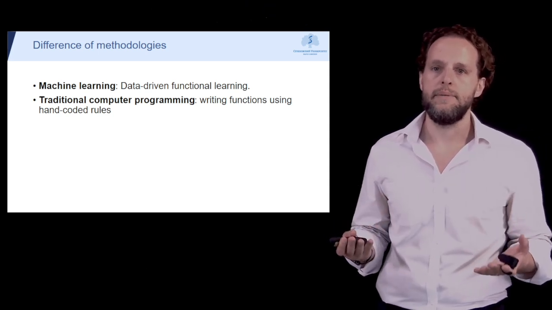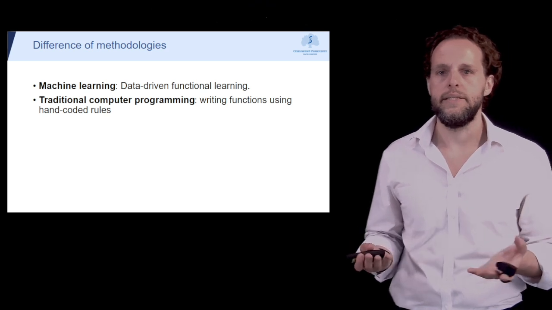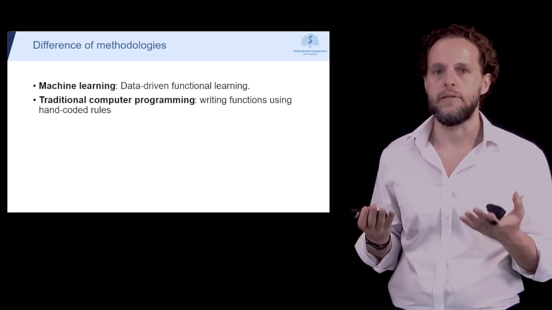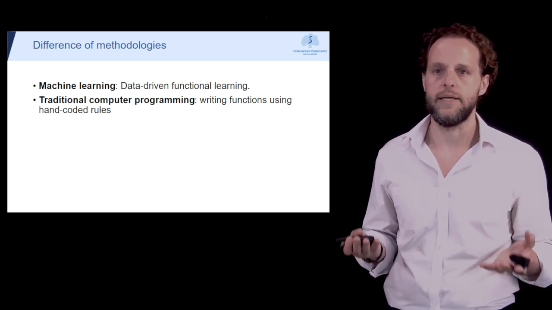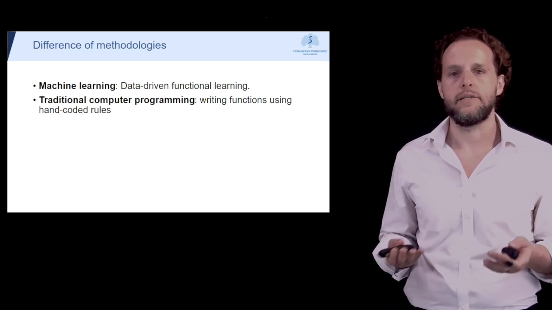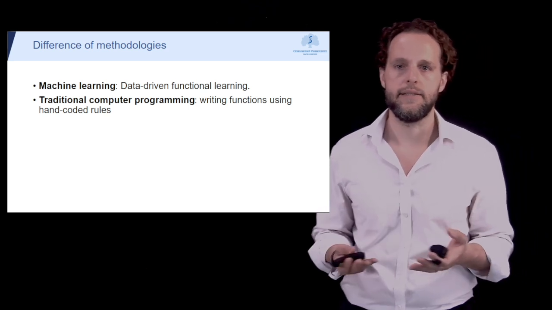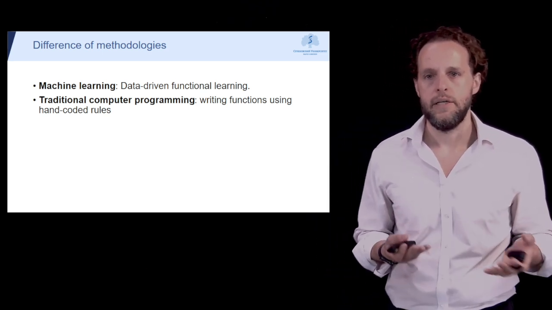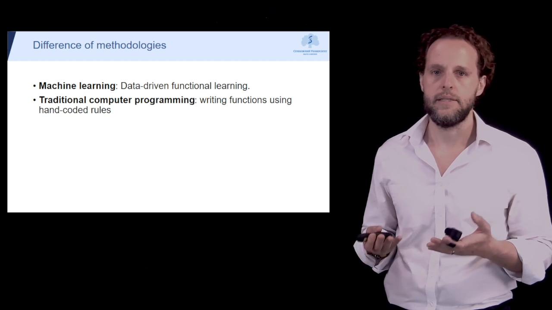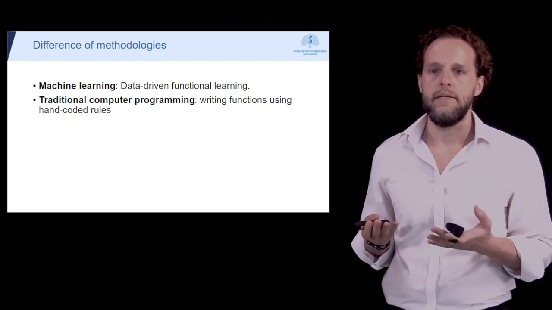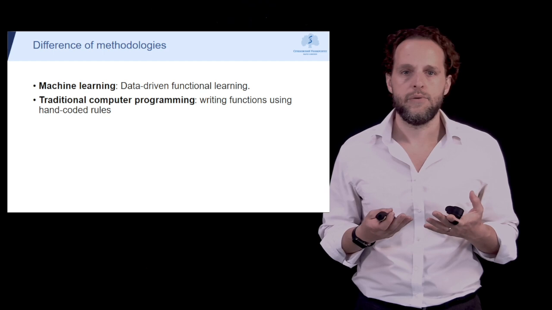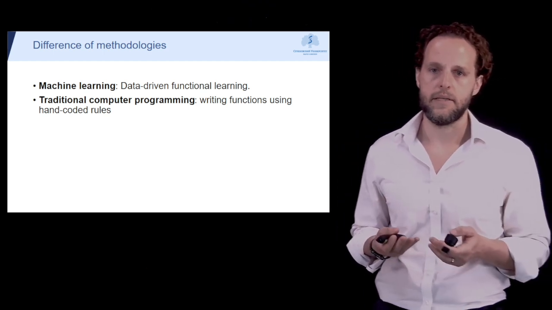Traditional computer programming requires writing the functions using handwritten code rules, and machine learning relies heavily on pattern recognition and the theory that computers can learn useful relationships in data to make inferences without explicit programming.